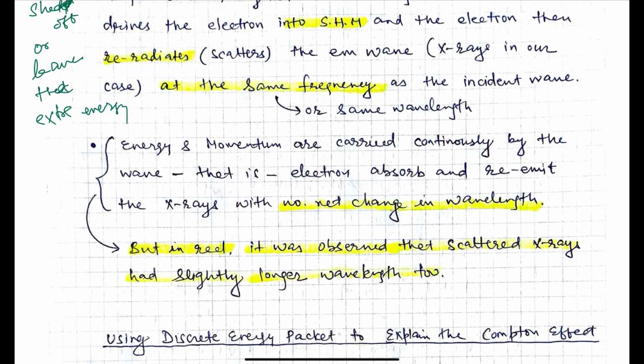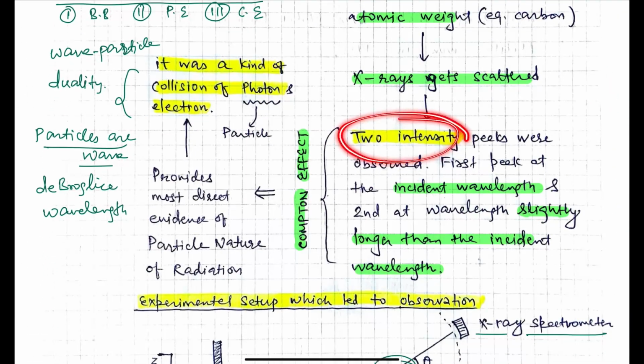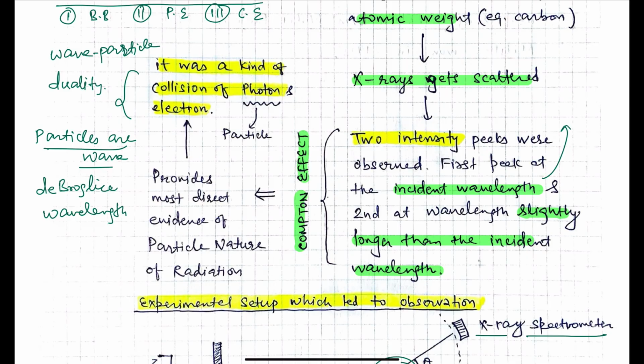Then, because it cannot stay excited for a very long time, it will get back to its home or ground state energy, the energy it was initially in, and to do that it will re-radiate the energy. So simply whatever you provide it, the same it will re-radiate, a single wavelength. But in reality, recall, we observed two intensity peaks. One at the incident wavelength, so it was explained by classical physics.